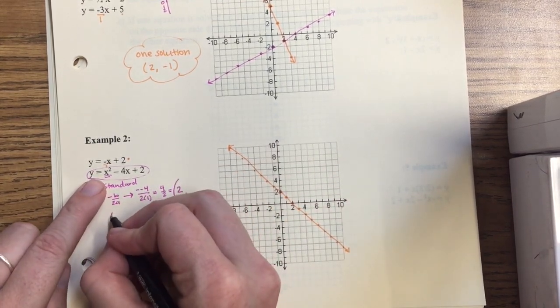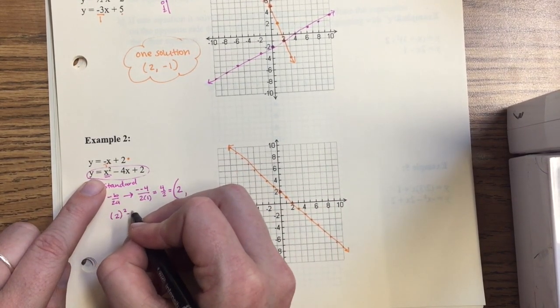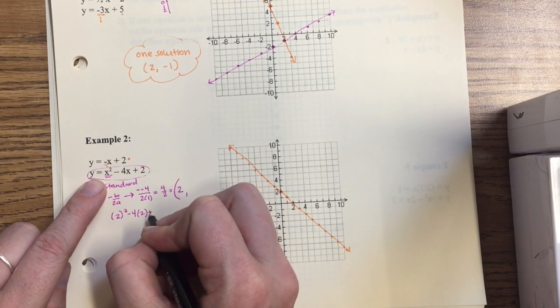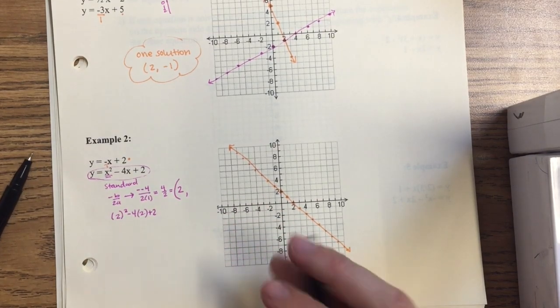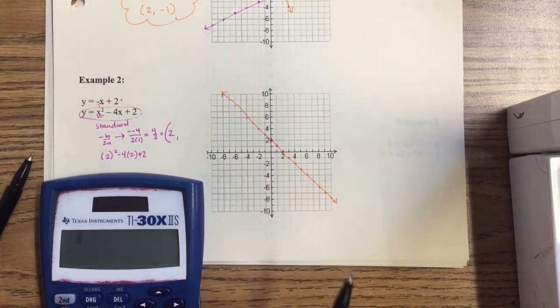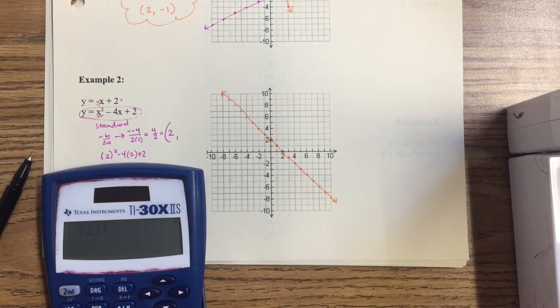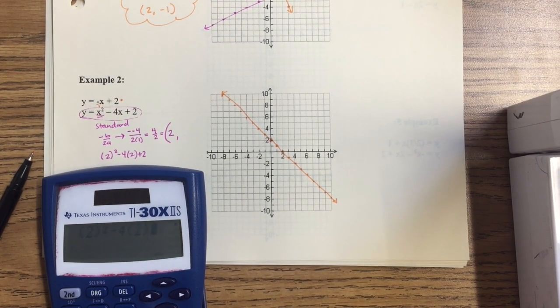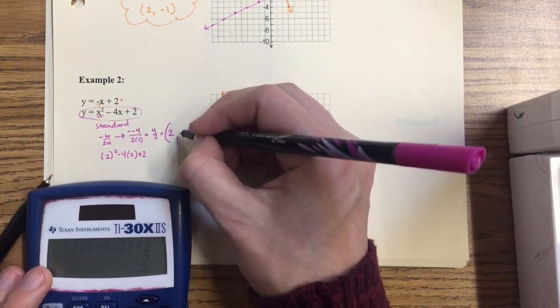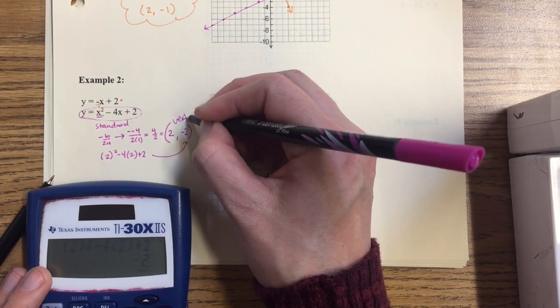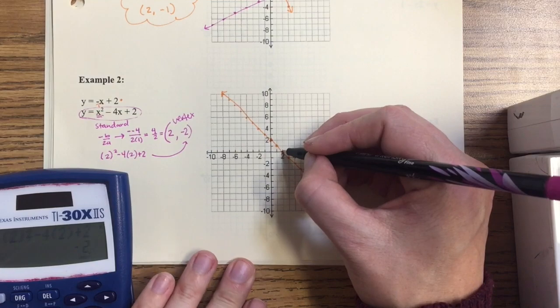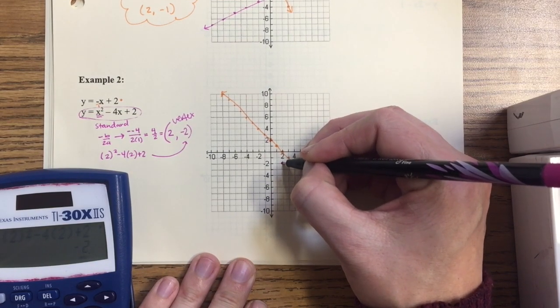I plug the 2 into my equation, and that gives me 2 squared minus 4 times 2 plus 2, -2. For my vertex, +2 down 2.